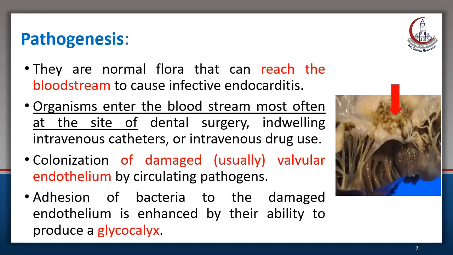Then bacteria enter and find their way through the bloodstream to colonize the traumatized surface of the endocardium.